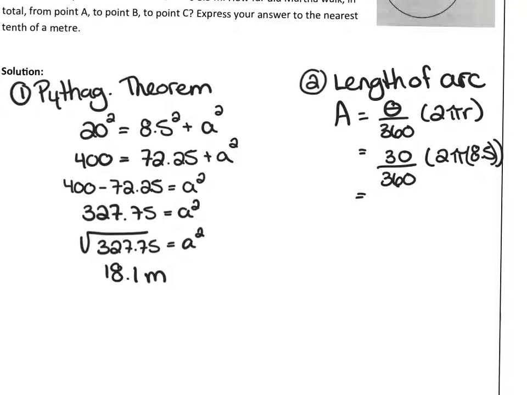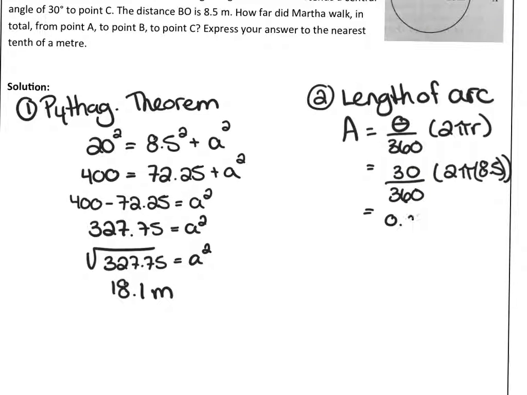So we'll calculate that. So 30 divided by 360 is 0.8333 repeating, and 2 times pi times 8.5 is 53.4070.